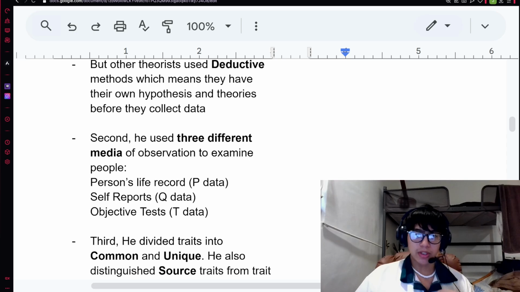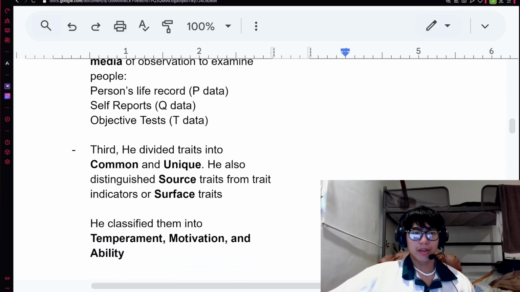Self-reports is basically if you ask the person questions, like how they saw the situations, as the word itself says, self-reports. And objective tests are tests that you take to measure certain data. So that's another set of data that you can measure.